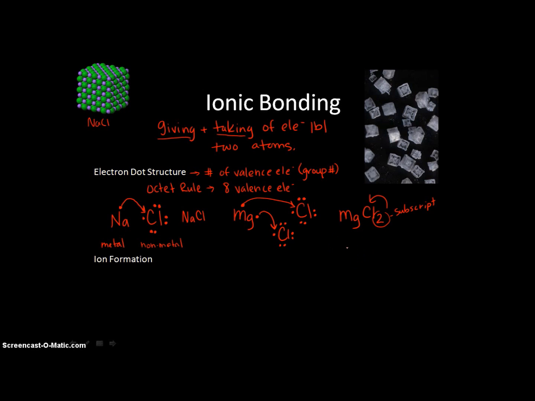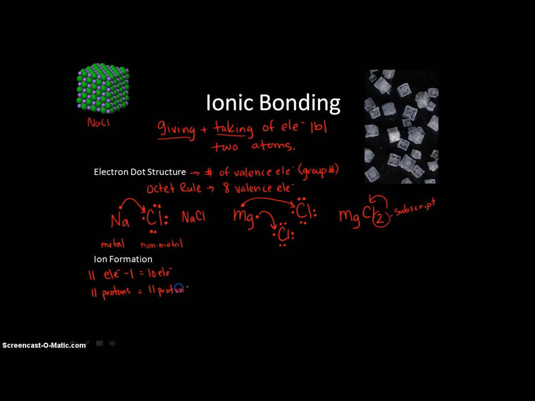When we are doing this, we're actually forming little ions. When we start out, sodium has 11 electrons and 11 protons. But when it gives away one of its electrons, now it has 10 electrons and still 11 protons.